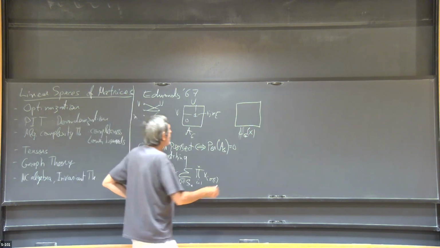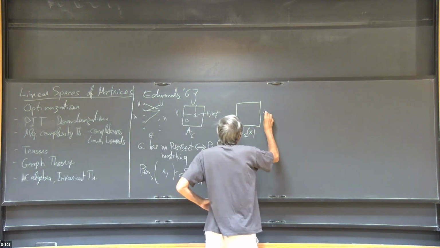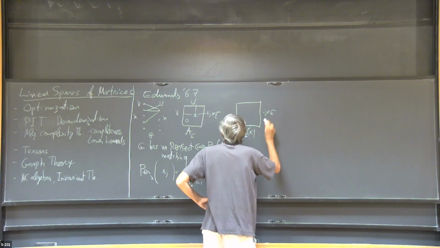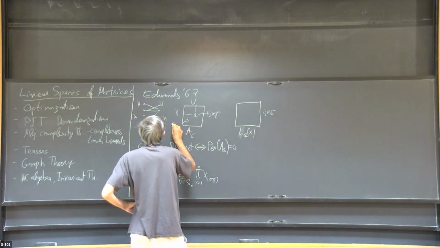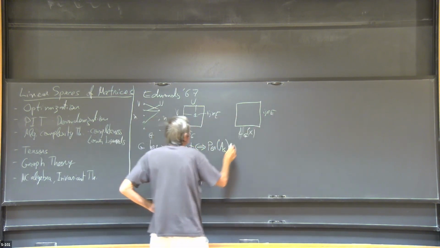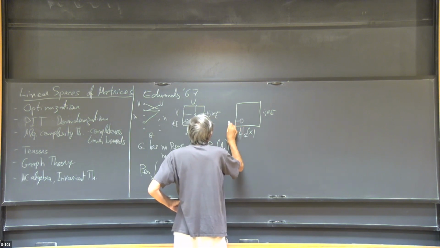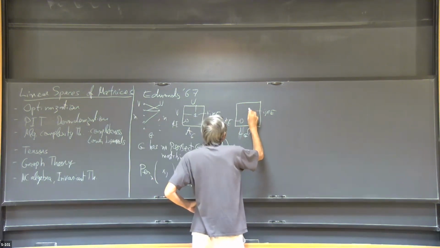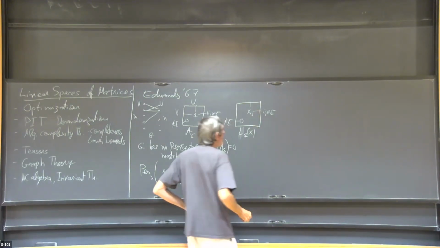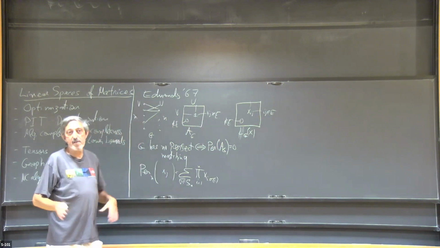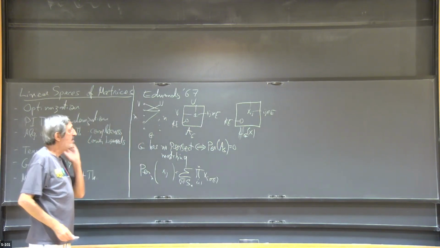He suggested that if ij is a non-edge, you still put a 0. If it's an edge, you put a variable x_ij, just a separate variable for every edge.